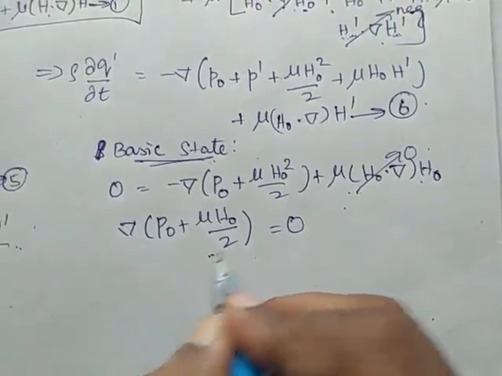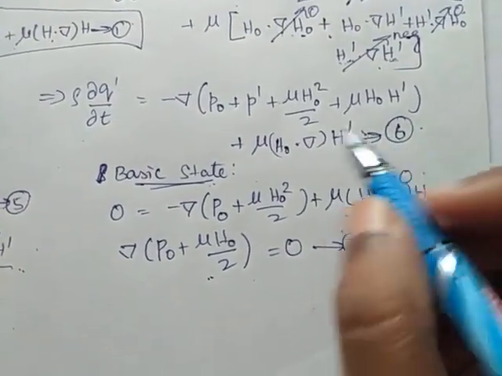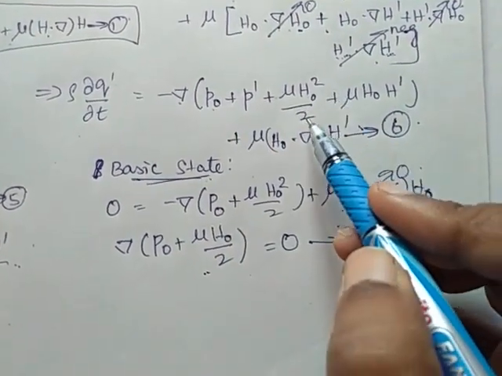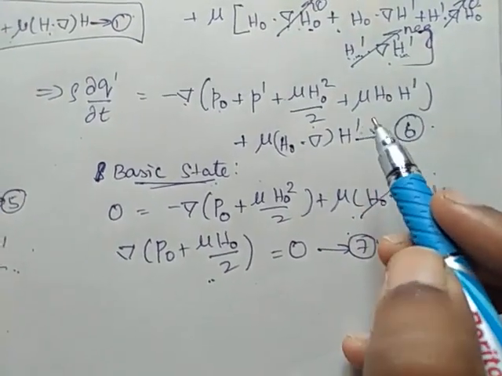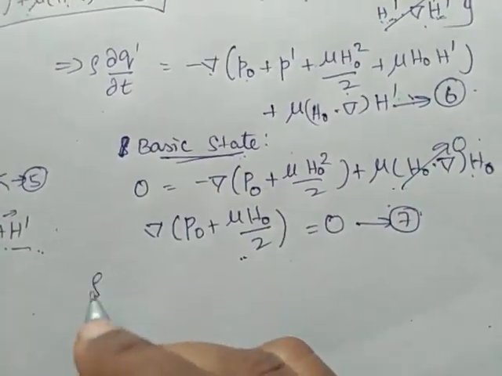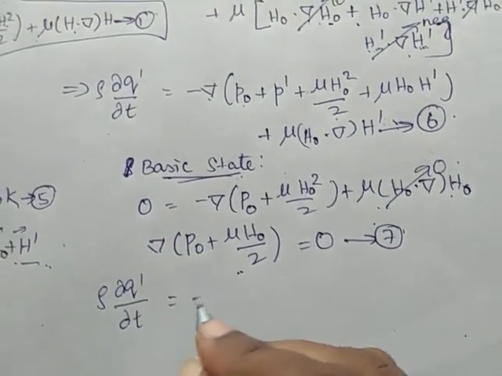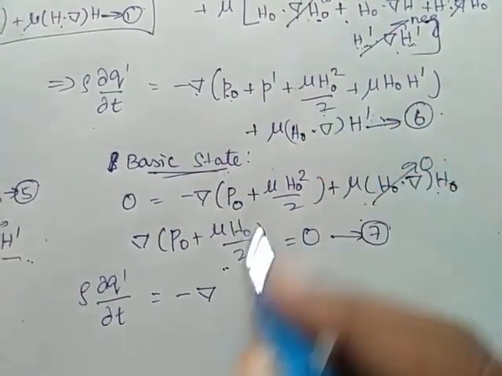So I am going to substitute this value in our previous equation. We have del of P naught plus mu H naught square by 2 as 0. Therefore, equation 6 reduces to rho dou q dash by dou t minus del of P naught plus mu H naught square by 2 is 0.